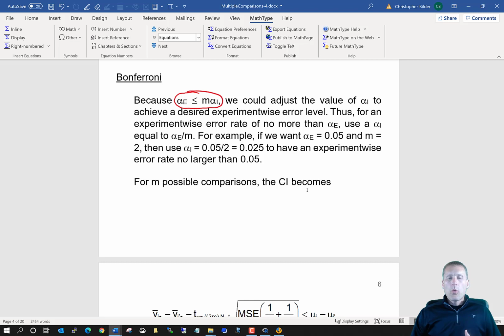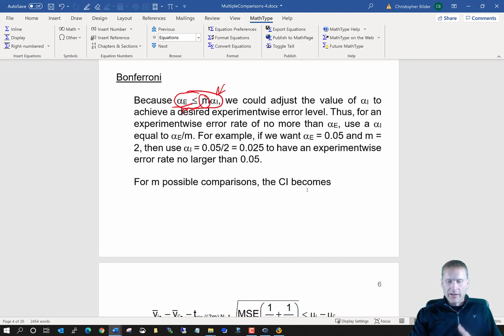So what we could do then is take the Fisher's protected LSD procedure, wherever we saw an alpha sub I, how about we replace it with alpha sub E divided by M?